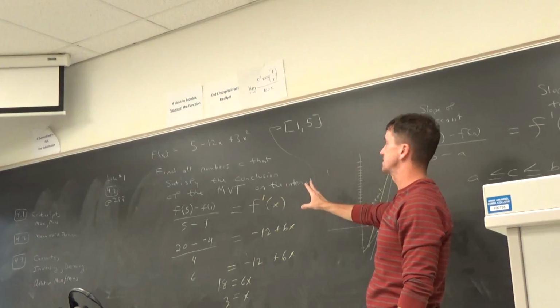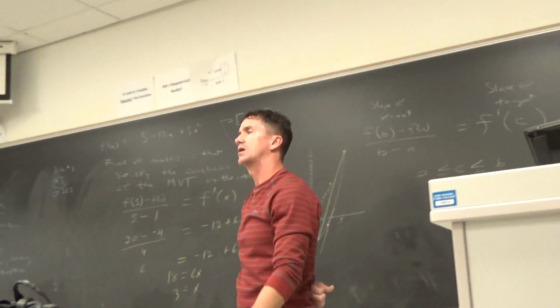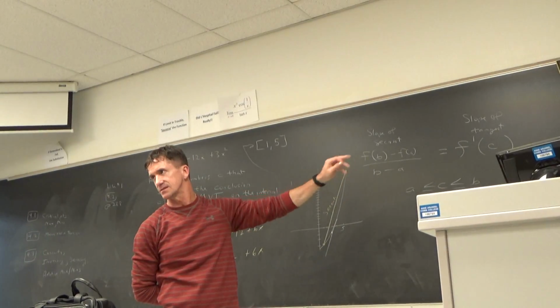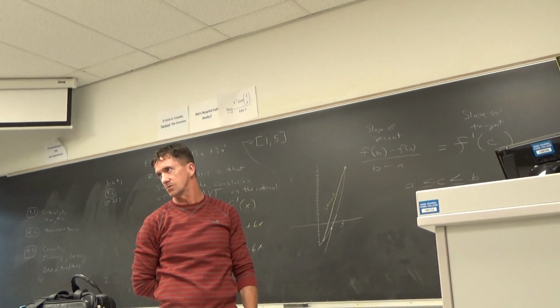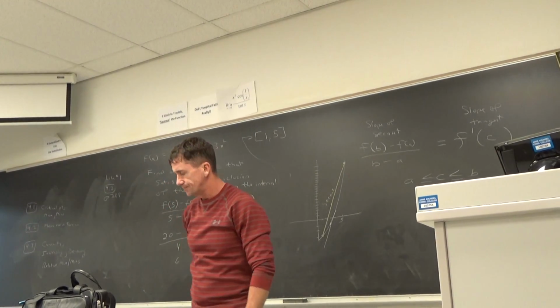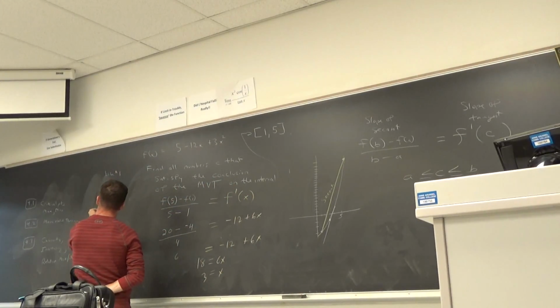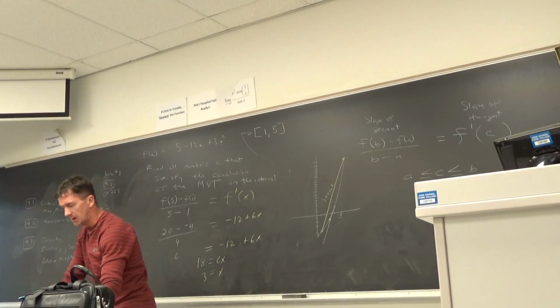Cool, I'm going to come back to this and I'm going to change this because Art asked about something called Rolle's theorem. It's just slightly different. We're going to take this and add a couple elements to it, okay? This is number 7. All right. Let me do my best to draw this.